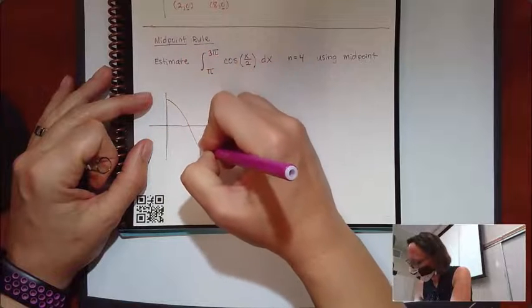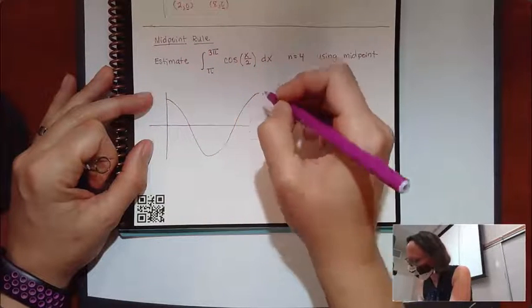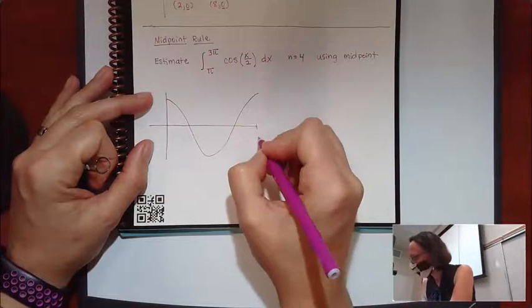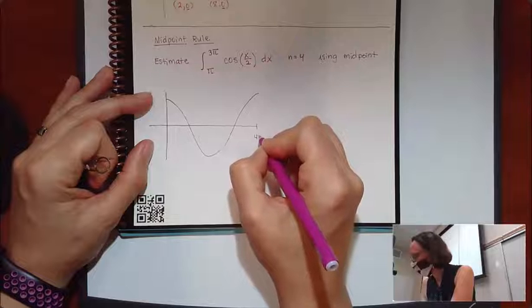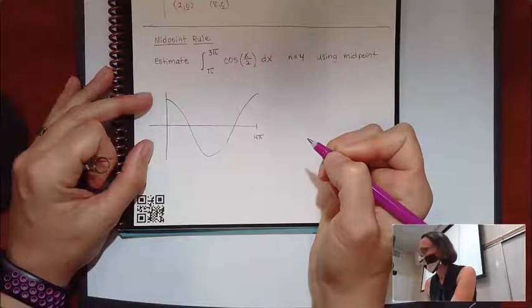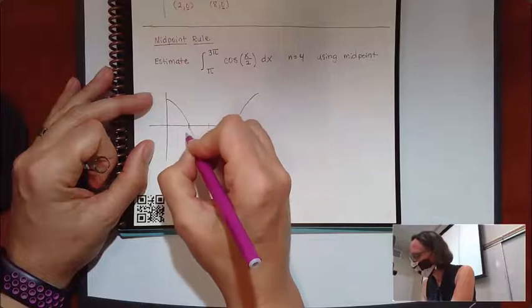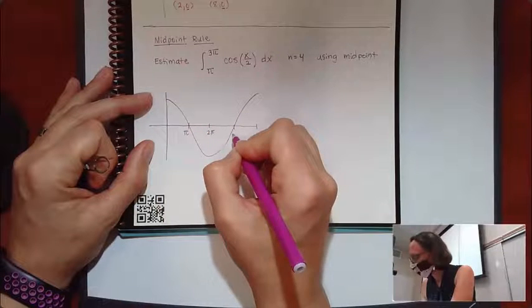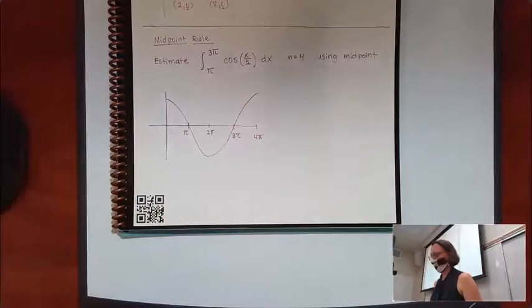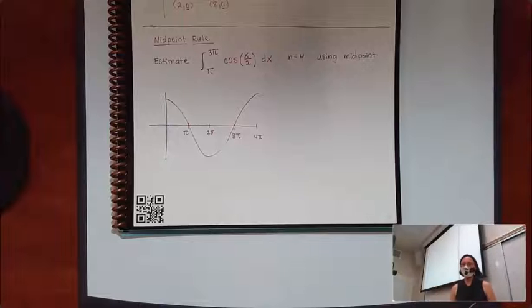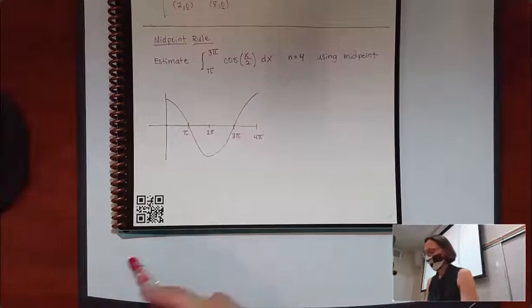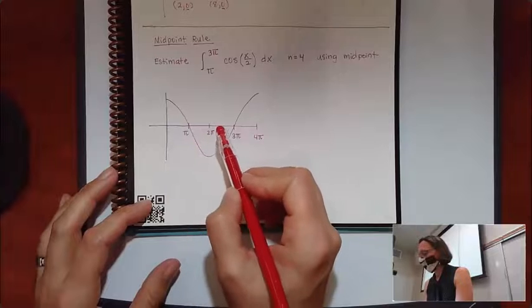So I've actually changed our period so that it ends over here at 4 pi. That means 2 pi is in the middle. That's a pi, and that is a 3 pi. So the actual area we're looking at here is all of this part down here.